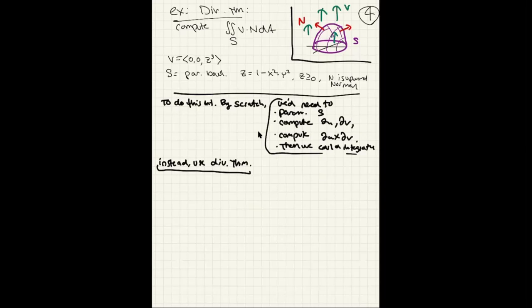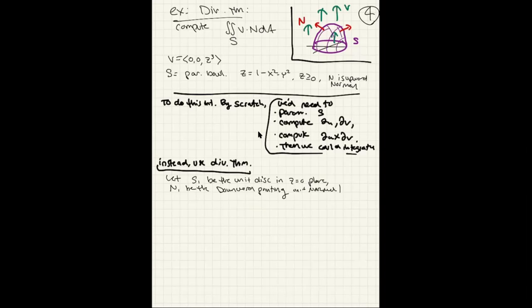I'm going to let S1 be the unit disk in the z equals 0 plane. I'm going to let N1 be the downward pointing unit normal. I'm going to zoom into my picture right now and show you what I mean.